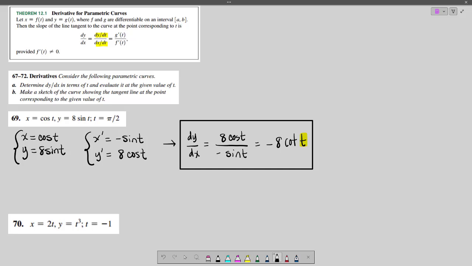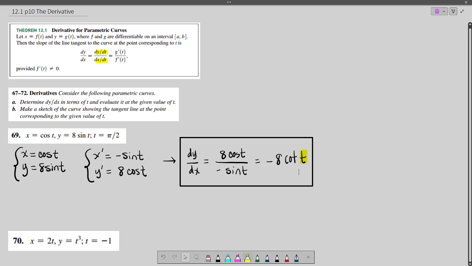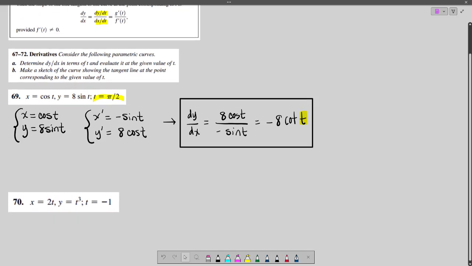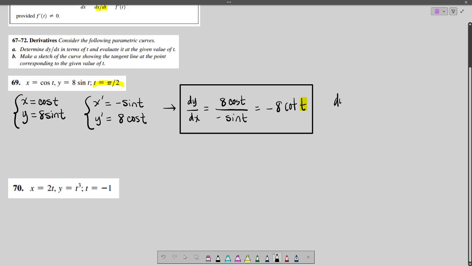So they ask us to find the slope at that t-value. The way we find the slope at that t-value, we usually notate it this way. So we're going to say dy/dx when t is equal to pi halves. We can't just put parentheses of pi over 2, which we could do if we were finding the slope at an x value of pi over 2, but we're finding the slope at a t value. So this is how we notate it.